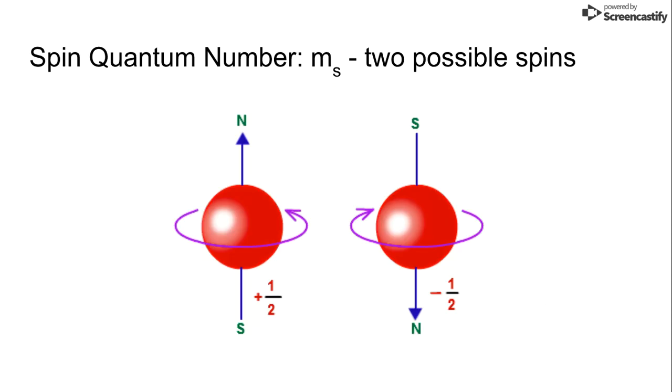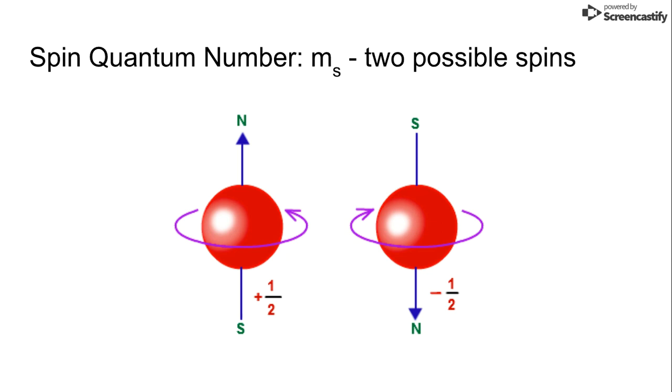The spin quantum number, again, the electrons can only spin in 2 possible ways, and so we put a plus and a minus 1/2 there. Another thing that's important to note is the Pauli exclusion principle. I don't have a slide for that, and I don't know why I didn't put one in, but the Pauli exclusion principle says that no 2 electrons in a given atom can have the same 4 quantum numbers.